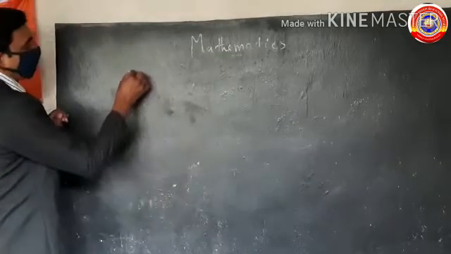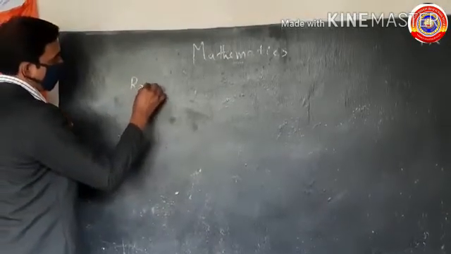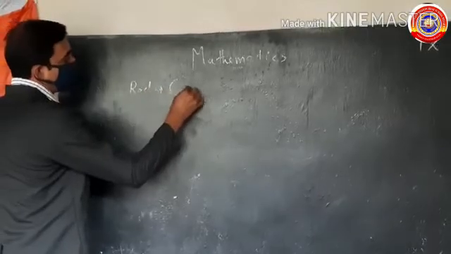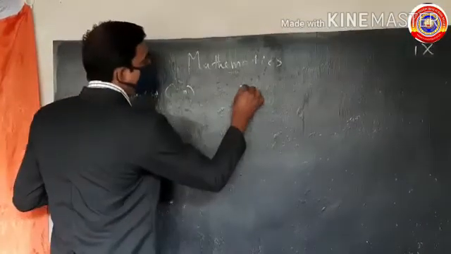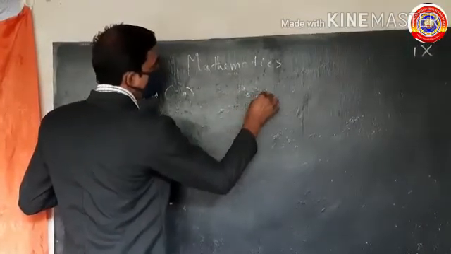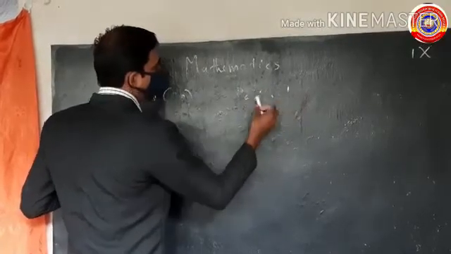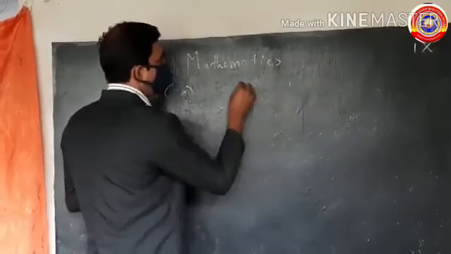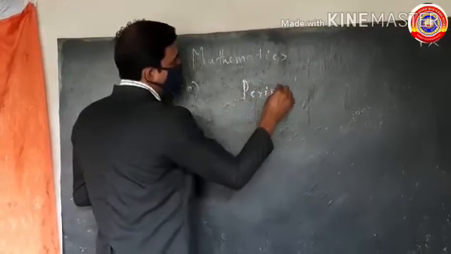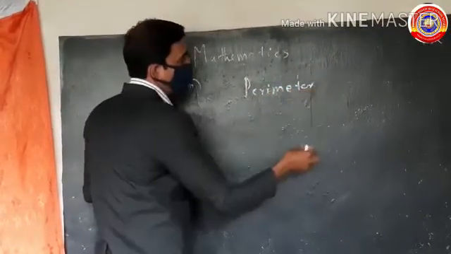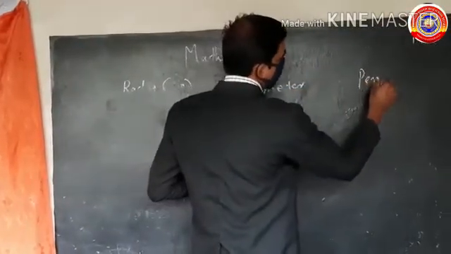Here, radius in centimeter and perimeter, then perimeter by radius.